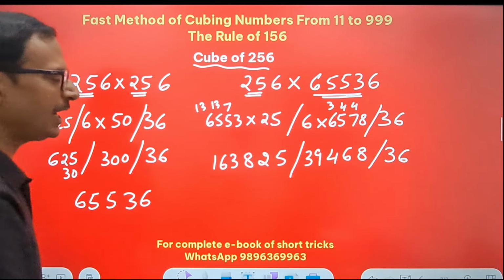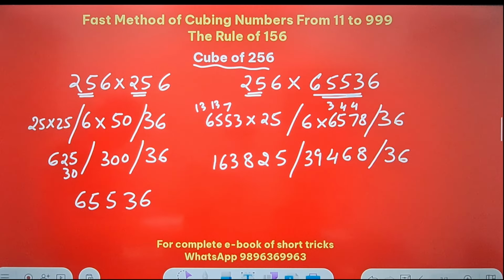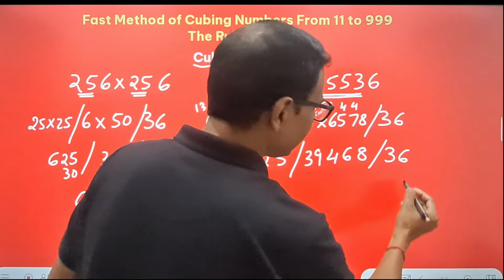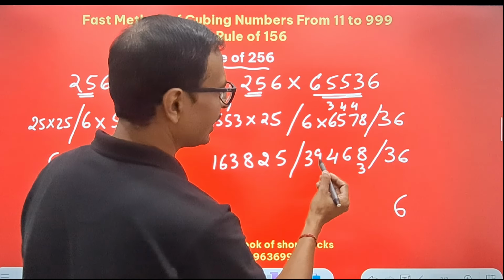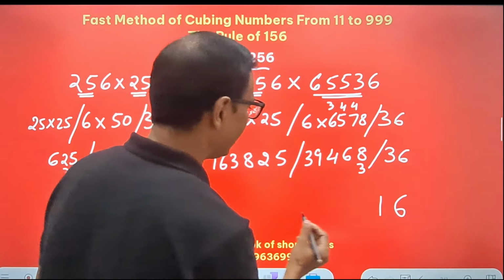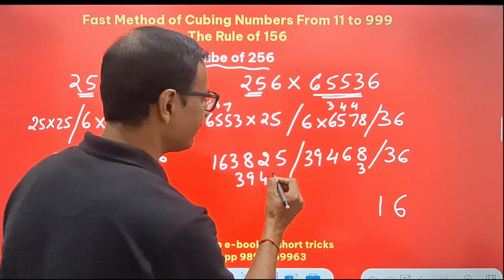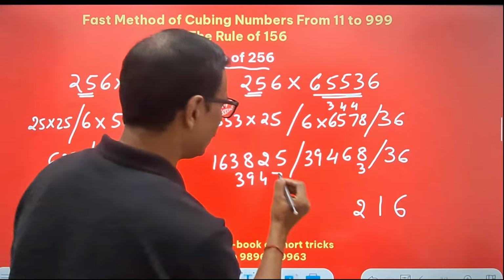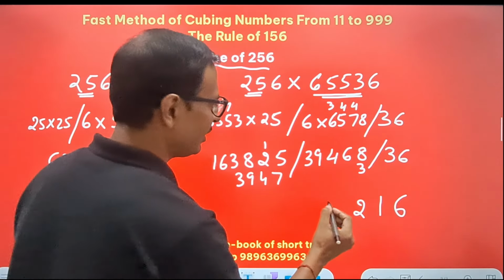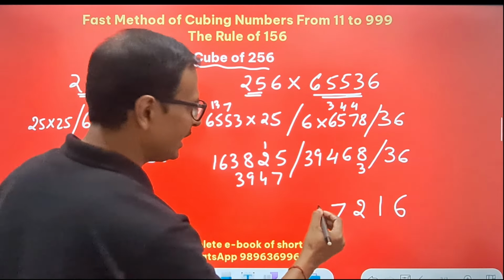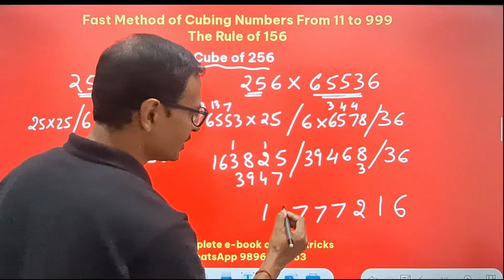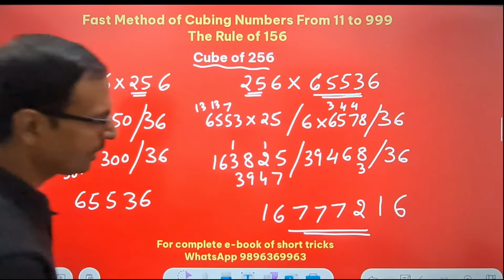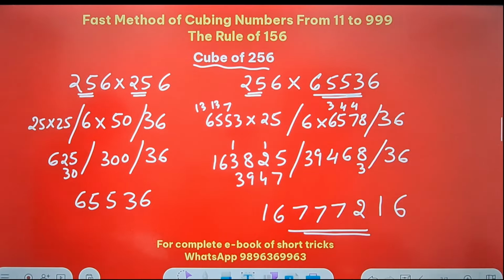So 163825 is the number on the left, and then start retaining the number 6. 3 goes here, so this becomes 39471. So 13947. 12 means 2, 1 7, so 17, 7, 1 carry, another 7 and then 1 6. 16777216. You can check now, is that the cube of 256?